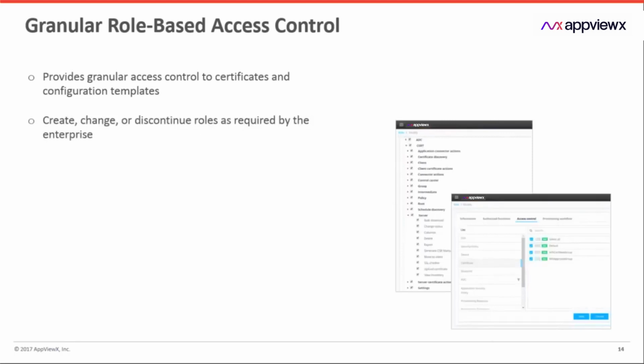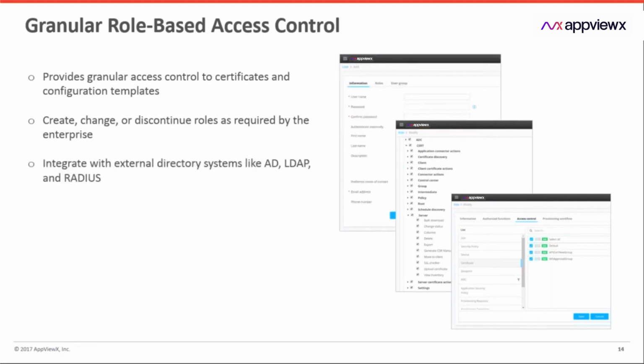You can create, change, and discontinue roles as needed, or also use your directory services such as Active Directory, LDAP, or Radius to determine the level of access required for each role. Apart from bringing accountability, this also improves the operational efficiency and also boosts cross-team collaboration.